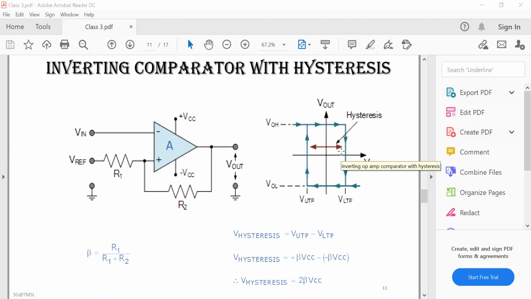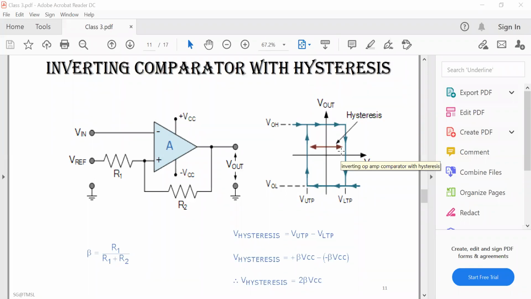So we can see that when the output changes state, the reference voltage at the non-inverting input also changes, creating two different reference voltage values and two different switching options. One is called the upper trip point and the other the lower trip point, VUTP and VLTP.